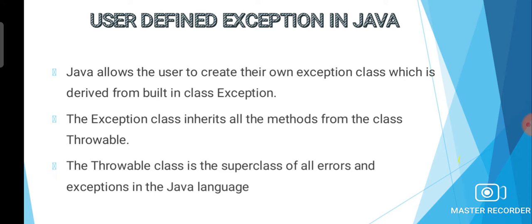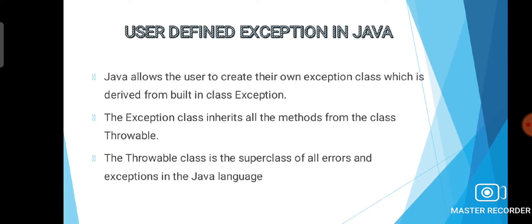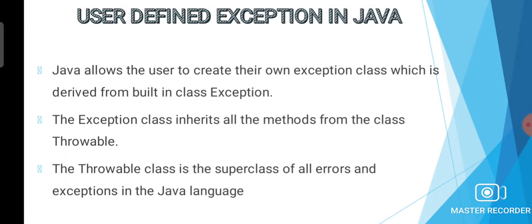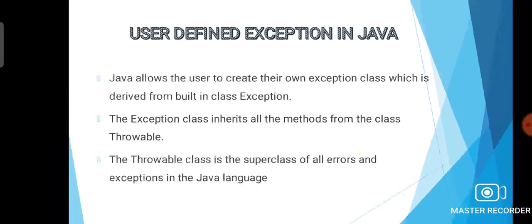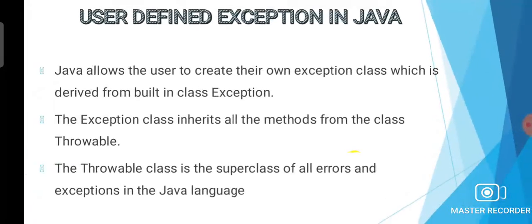That is the basic class for exceptions in Java, the base class for exception handling. So under the Exception class, the user can create their own exceptions. That is called a user-defined exception.